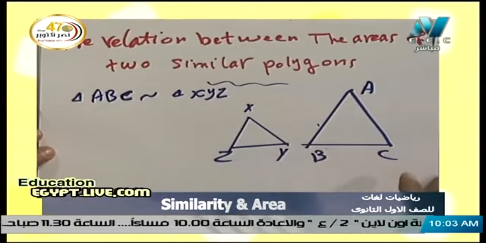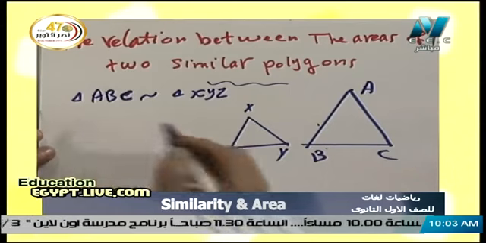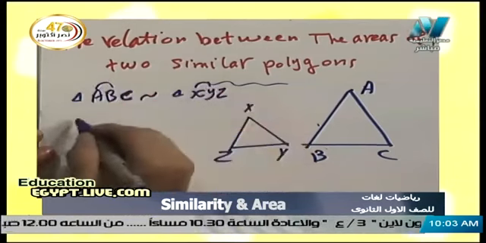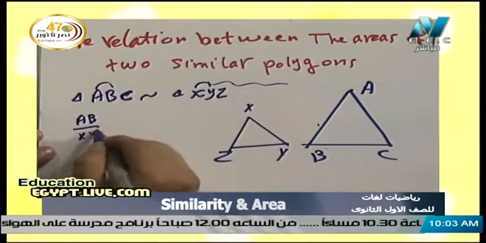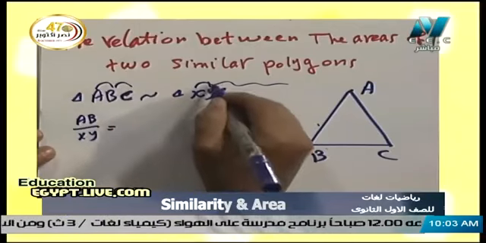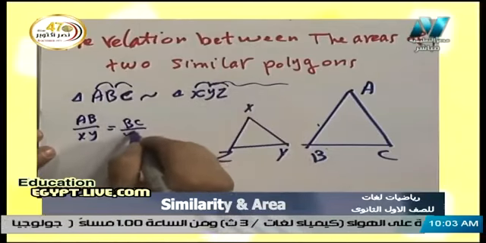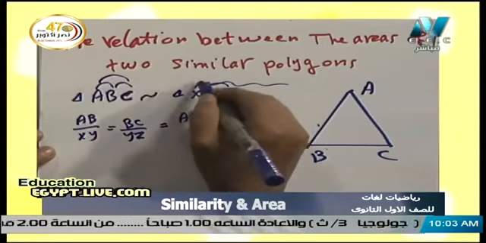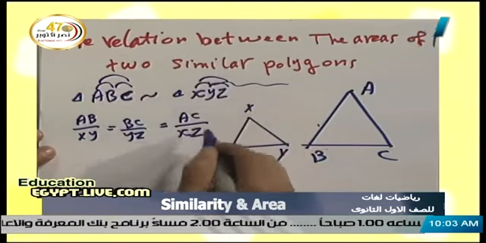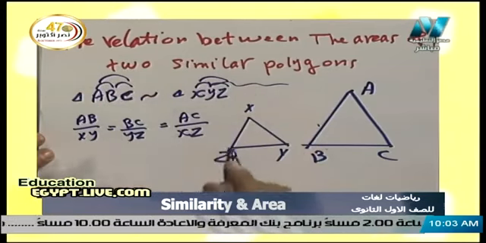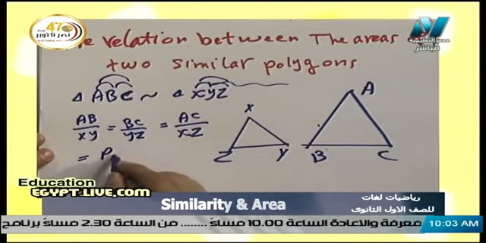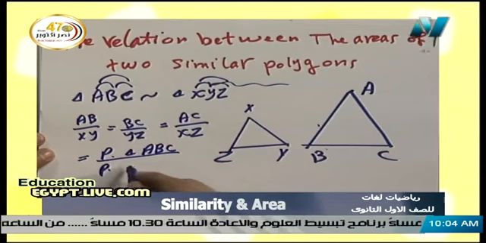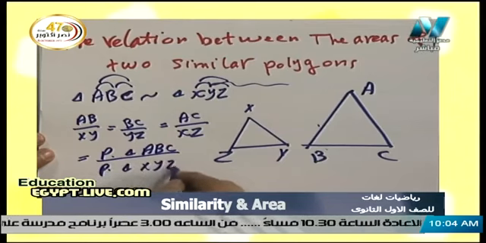As we said before, the ratio of these triangles, AB over XY equals BC over YZ equals AC over XZ. Each ratio equals the perimeter of triangle ABC over the perimeter of triangle XYZ.